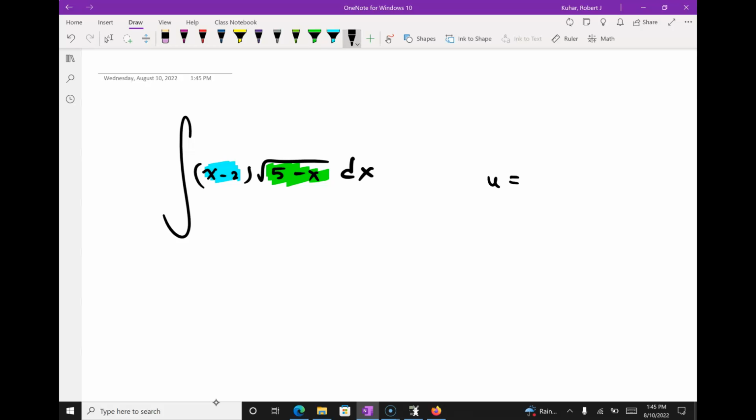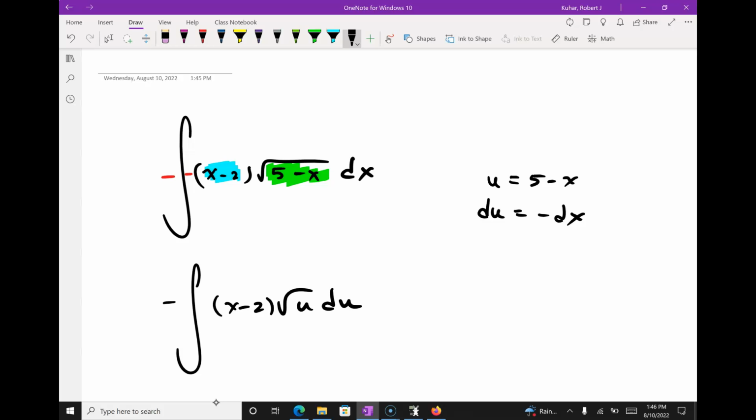So we're going to try u is 5 minus x, and then of course du is negative dx. So I need the negative, and I need to cancel it. When I put my u sub in now, I have du, but I've got an x minus 2 times the square root of u du. So you can see the problem: leftover x's.